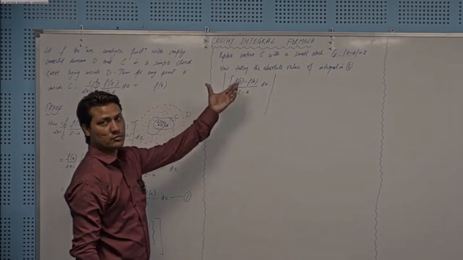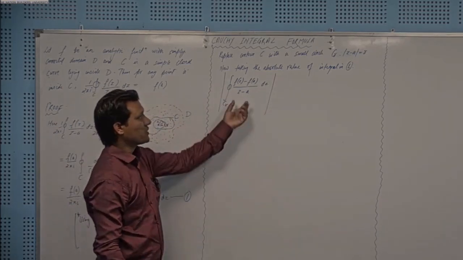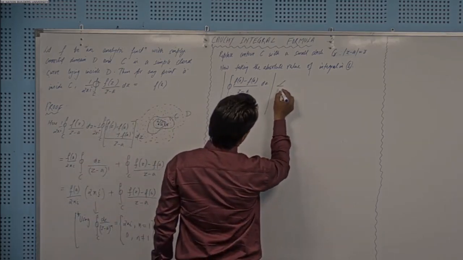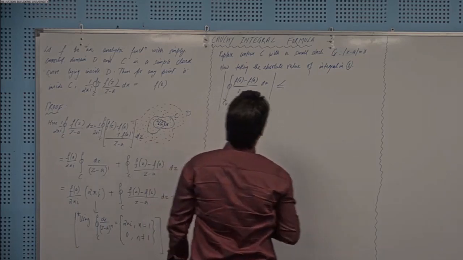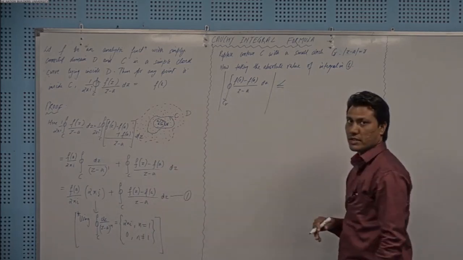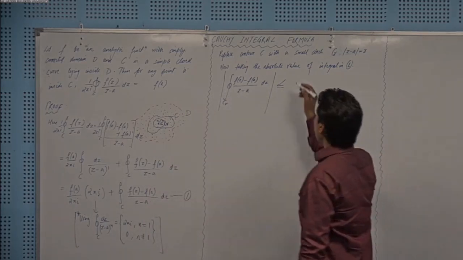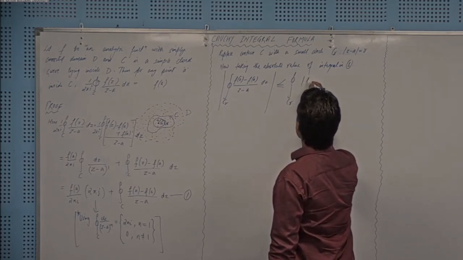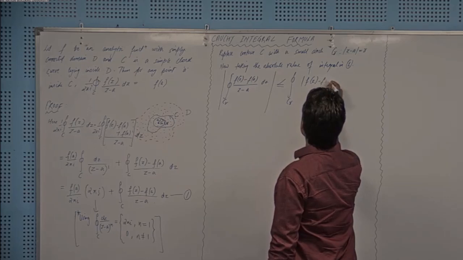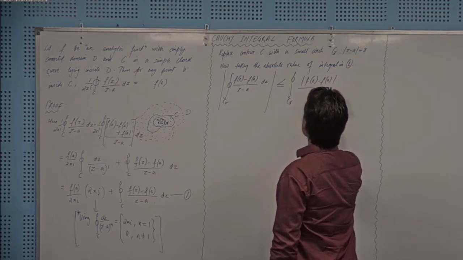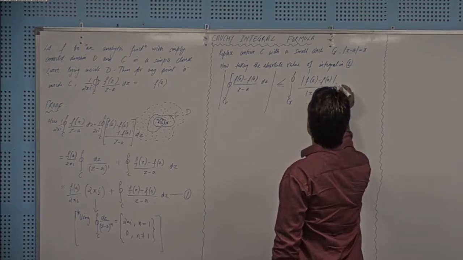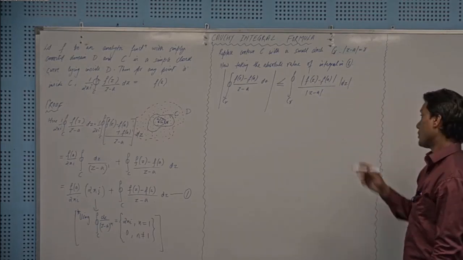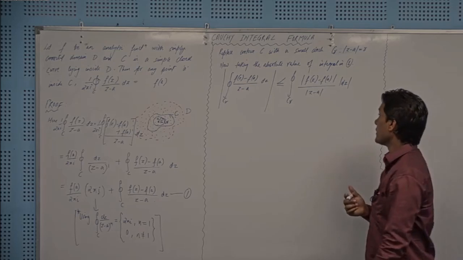Absolute value means modulus of that quantity, so I will be estimating it, means a value which is greater than this one. That will become less than or equal to the integral over C_r of mod of (fz minus fa) over mod of (z minus a) times mod of dz. This is by the property of modulus on integrals.